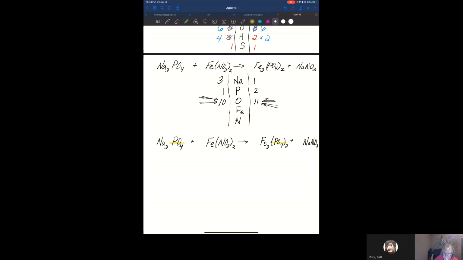Why separate it? It's staying together. Doesn't the same thing happen with the NO3? Yeah, it stays together too. If you have polyatomic ions that are the same on either side of the equation, keep them together and balance them as a unit.